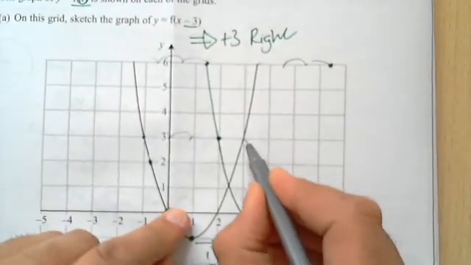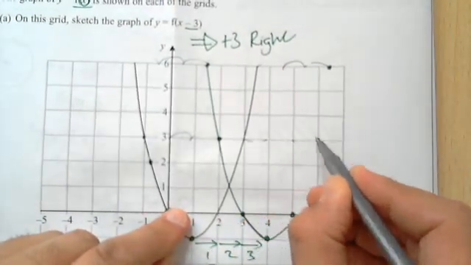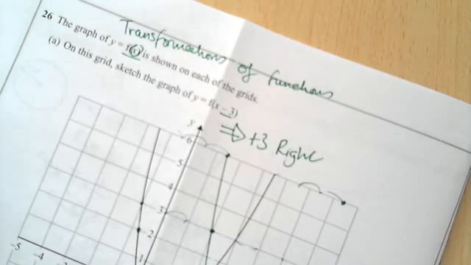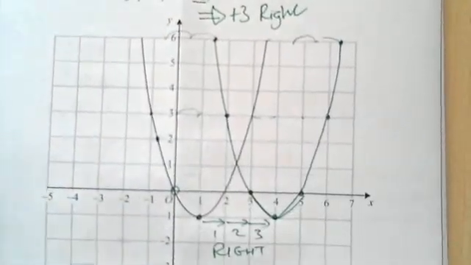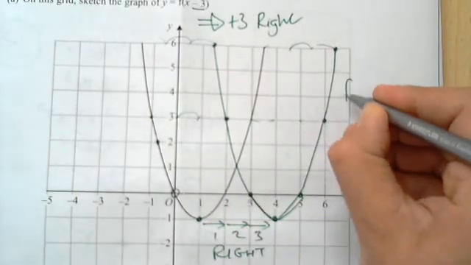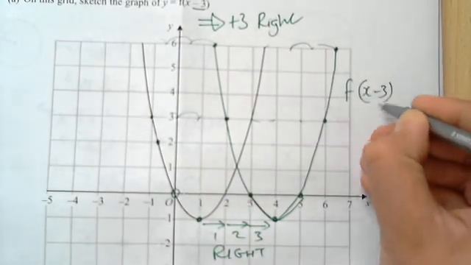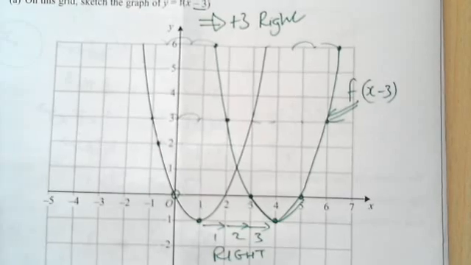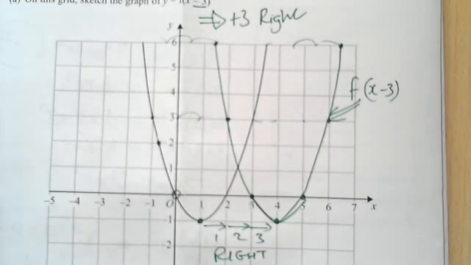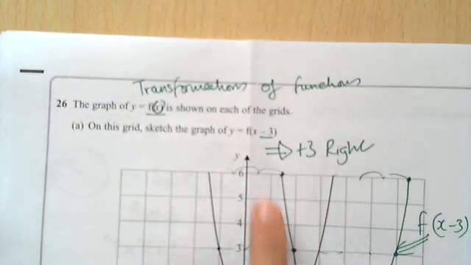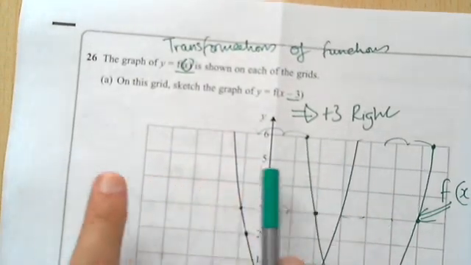This point here by 3, 1, 2, 3. There we go. And if the number in here was a plus 3, we would take the whole graph and move it that way by 3.